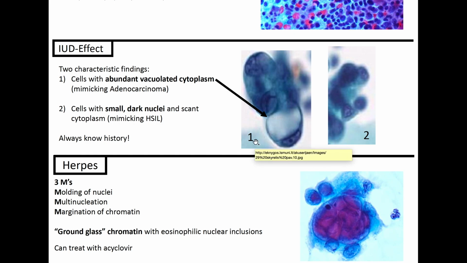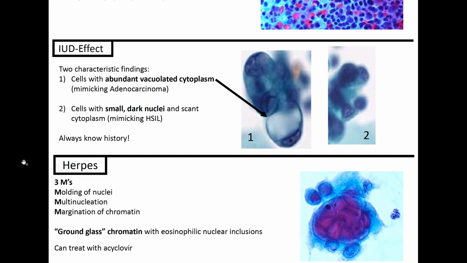So always take into account the history to see if the patient has an IUD, or to see if the patient recently has undergone radiation for another malignancy, perhaps. So always be mindful of your patient's history in general, but especially with PAPs.